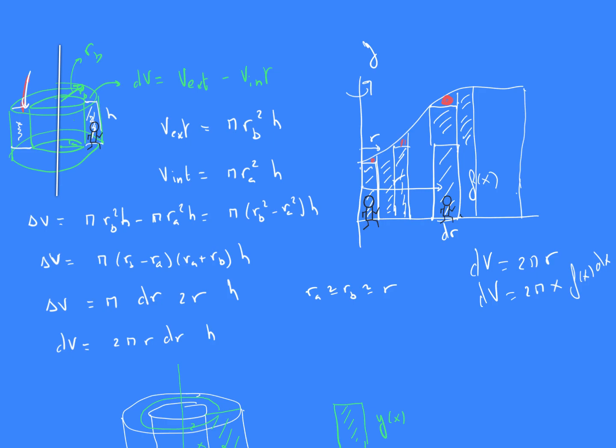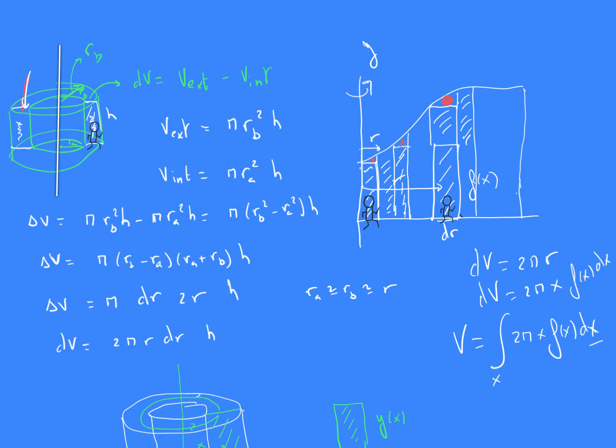Okay, so this is the small volume, and the total volume will be the integral of 2 pi x f of x dx, and you see dx controls all the areas of each door.